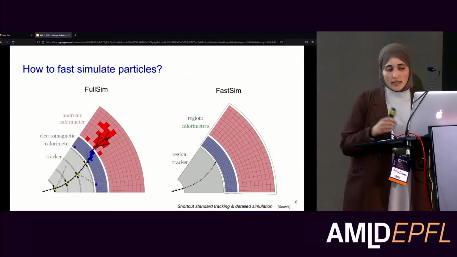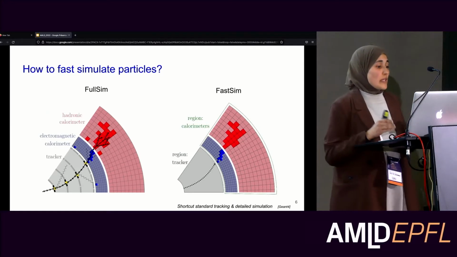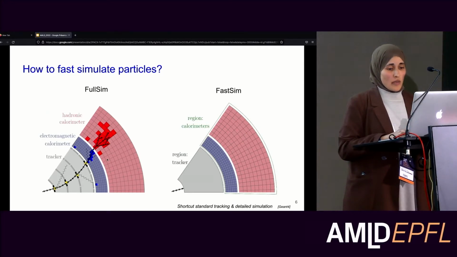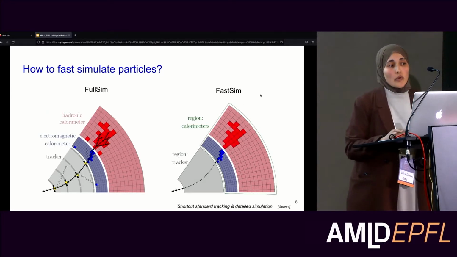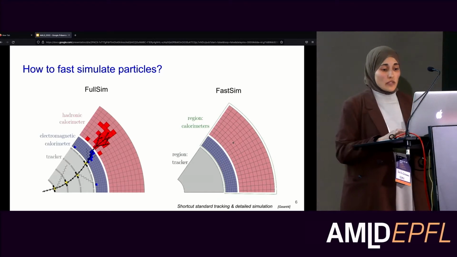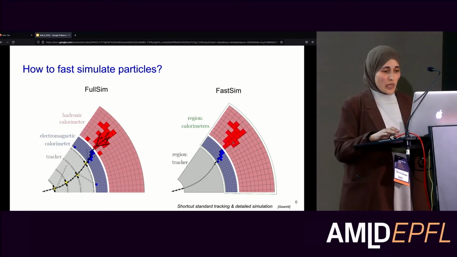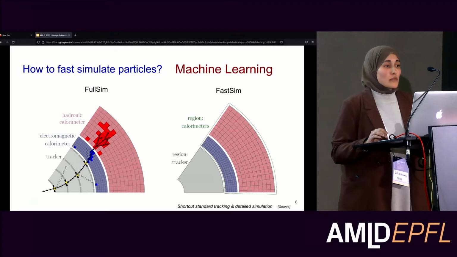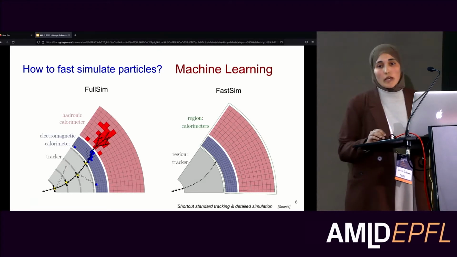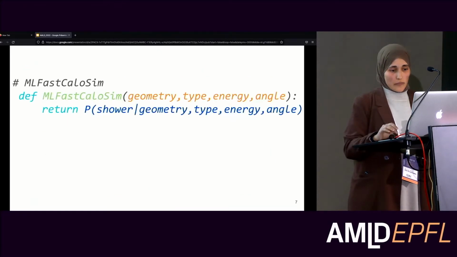So instead of fully simulating the cascade of particles, a fast simulation approach would parameterize the energy deposition in a single step. And to answer the question of how to do this, in our project we are using a machine learning approach.